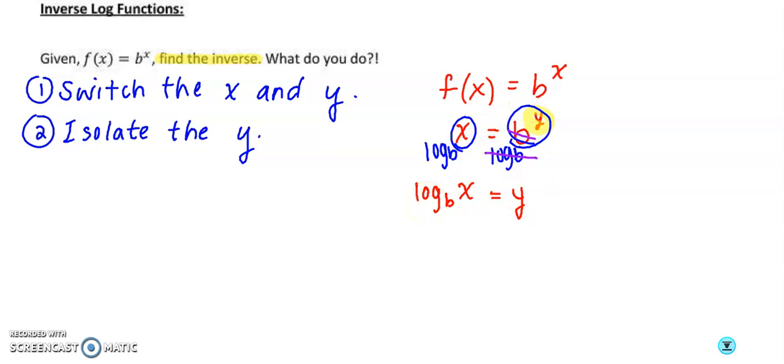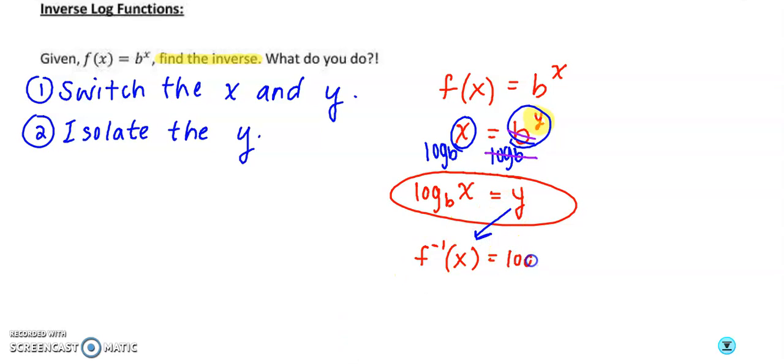And that could go in both directions. You can feel free to circle this as your final answer, but if you want to be a little bit more particular, technically the notation for an inverse function is f inverse of x. So that's what the y was from up above, would equal log base b of x. Either answer here is acceptable for me.